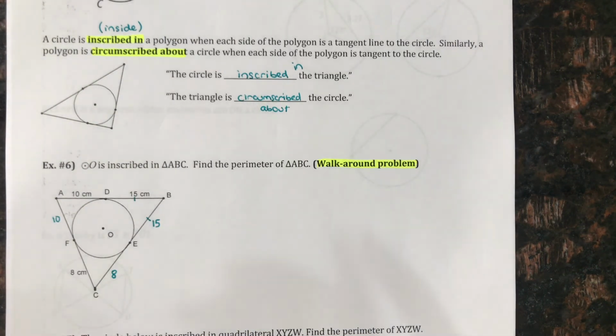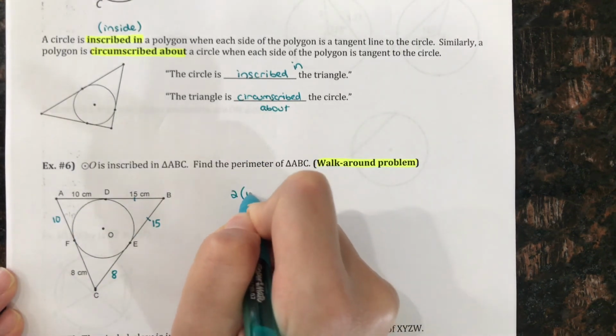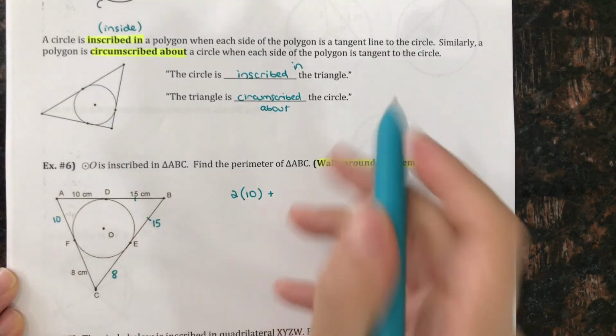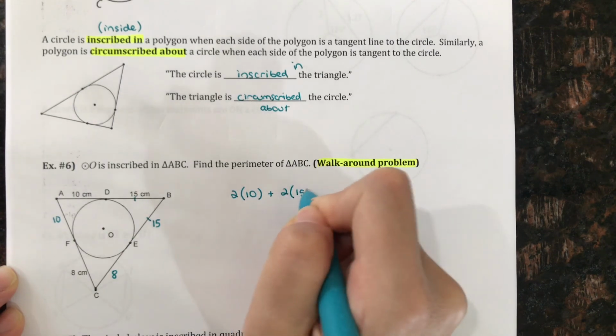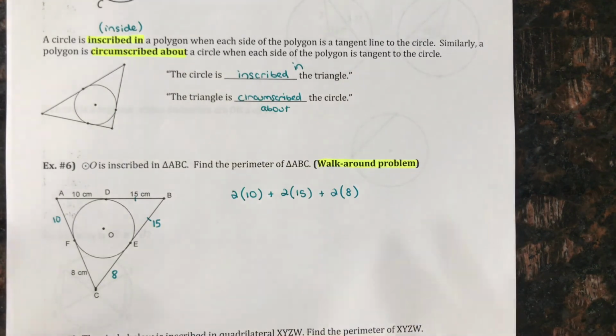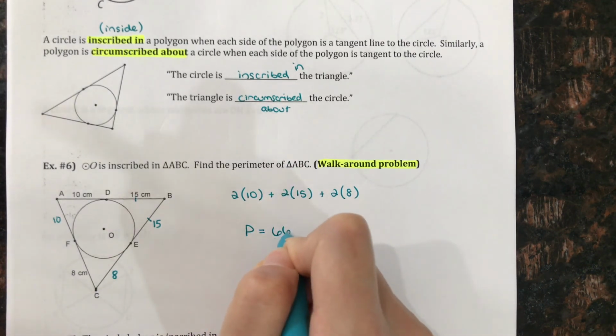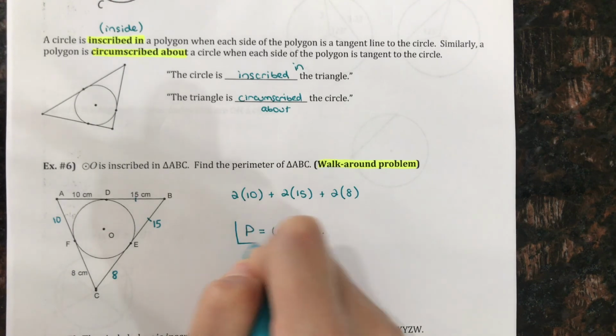So in order for us to find the perimeter now, we're just going to add up all these sides. So I have 2 times 10, 2 times 15, and 2 times 8. You could just add them all up. You'll get the same answer. So we should have a grand total of 66 centimeters.